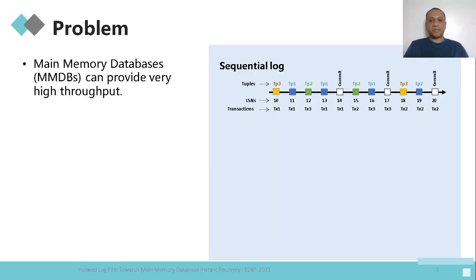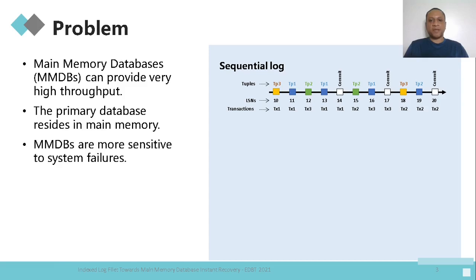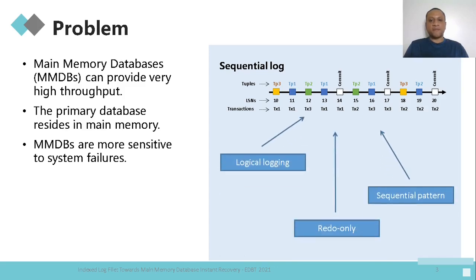Main-memory databases can provide very high throughput, given that the primary database resides in main memory. However, these systems are more sensitive to system failures because of memory volatility. Most main-memory databases store a logical redo log in which records are written sequentially to secondary memory.